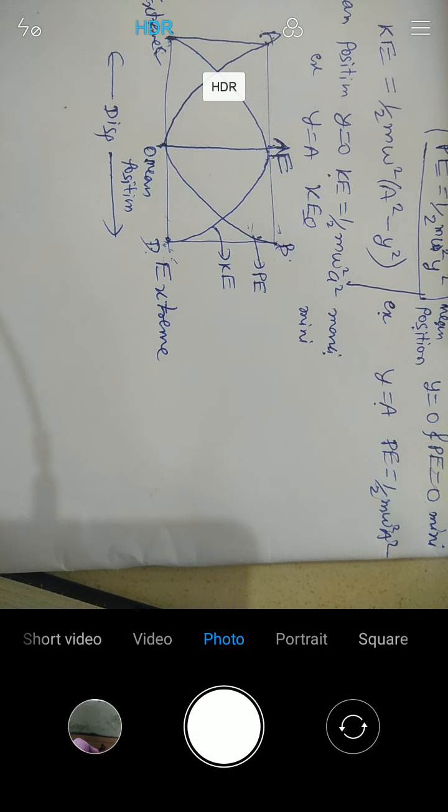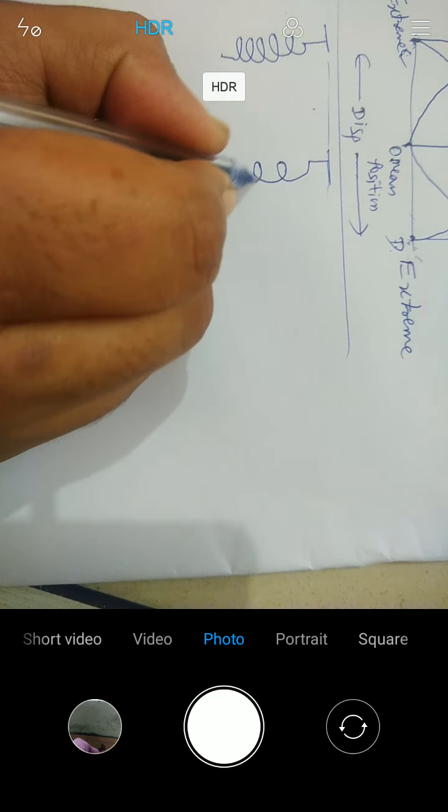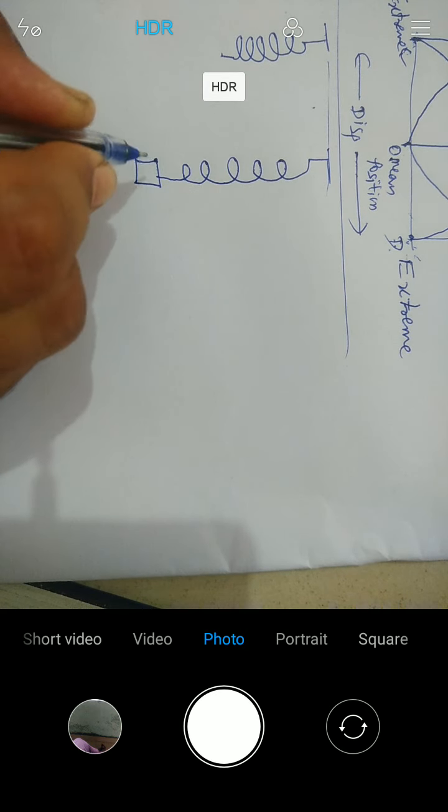After that, we'll see the oscillations due to a spring. Suppose you consider one spring. For this spring, I am adding some weight, some mass.